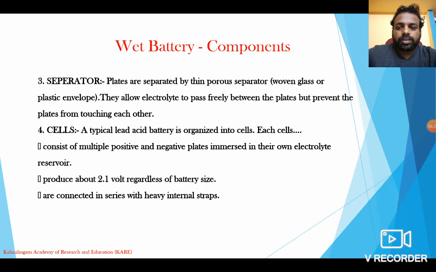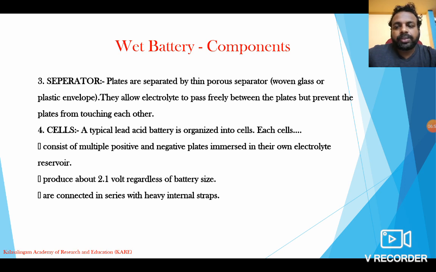The next important thing is the separator. As I said just before, the separator is usually made with insulation material and plastic. It is placed between the positive as well as negative plates.